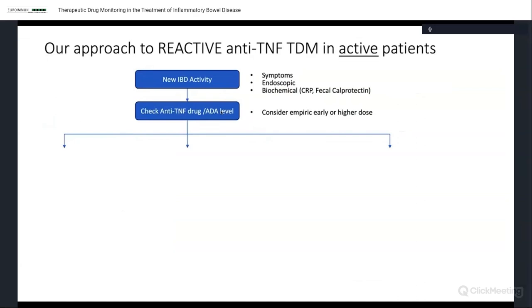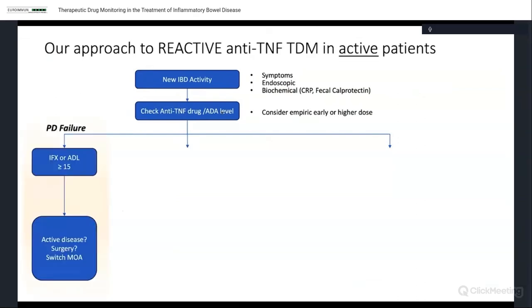So in the setting of activity, we check drug and anti-drug antibody levels. One possibility is that the levels are quite high, greater than or equal to 15 for infliximab or adalimumab. In this case, we can assume a pharmacodynamic or mechanistic failure, meaning there seems to be adequate drug exposure. We don't expect that more drug would help, and the patient does not seem to be responding to this mechanism of action.